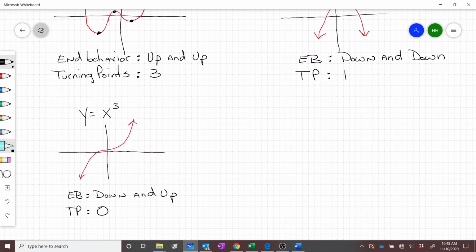Alright, and then let's take a look at one more example. We got y equals negative x to the third plus 2x. That graph would look something like this.